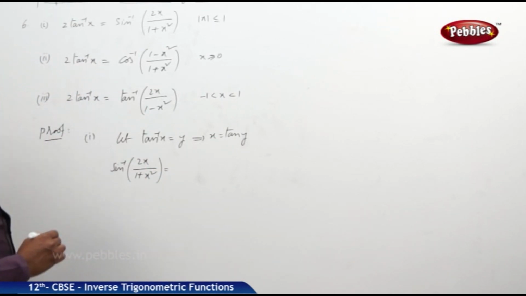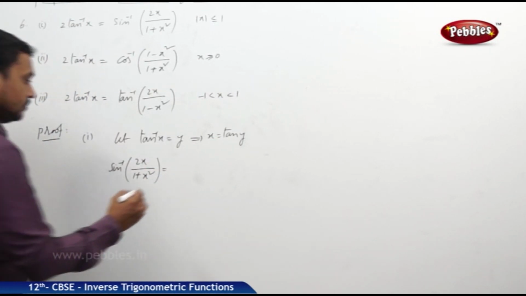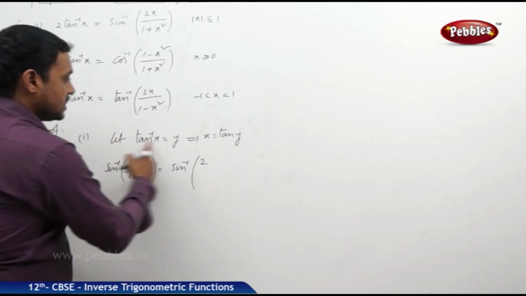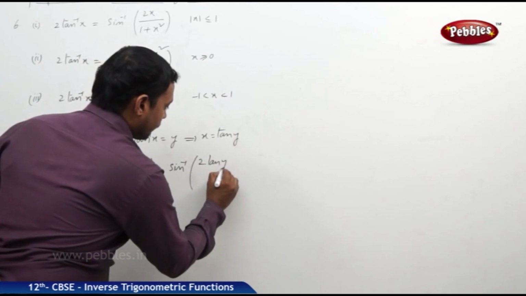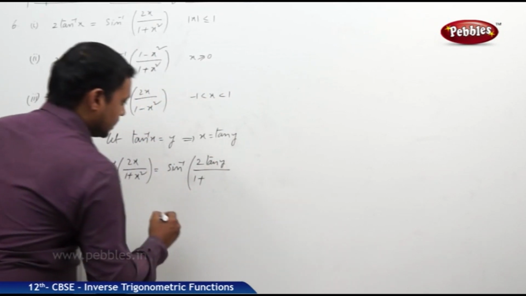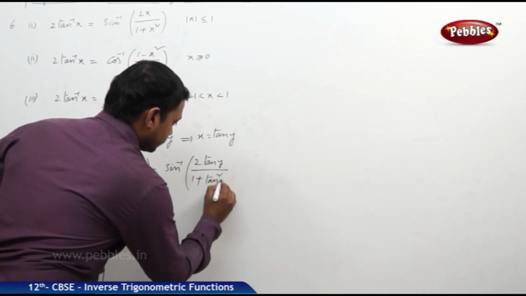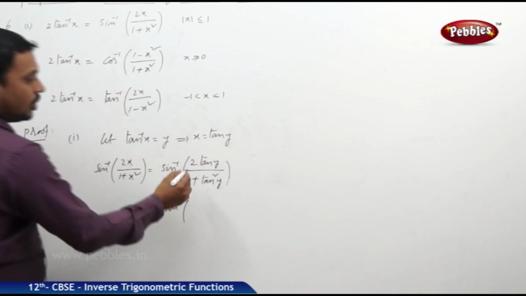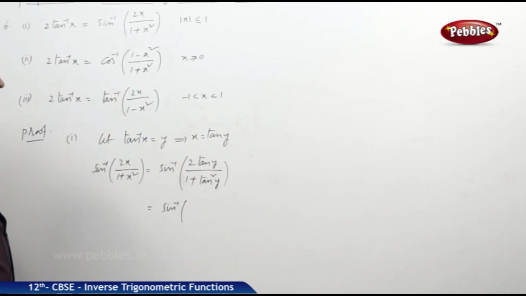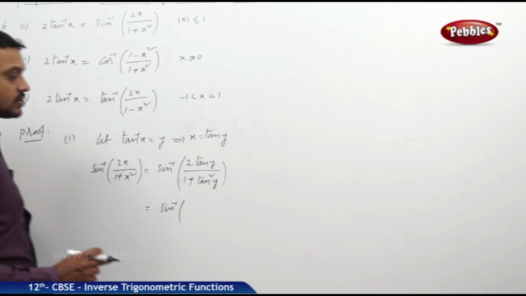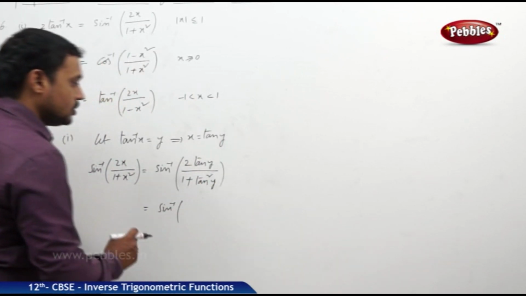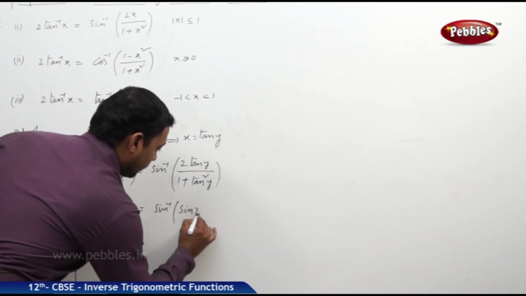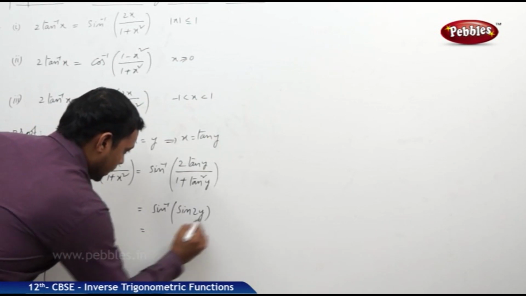This is sin inverse of 2 tan y by 1 plus tan square y. Now remember, 2 tan theta by 1 plus tan square theta is sin 2 theta. So 2 tan y by 1 plus tan square y is equal to sin 2y. Now this is equal to 2y.